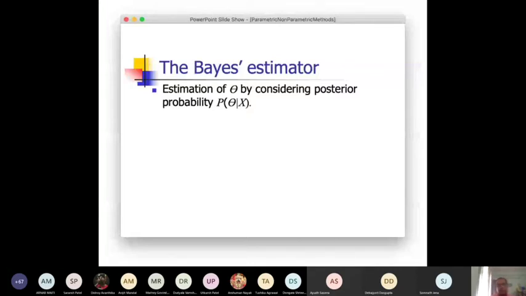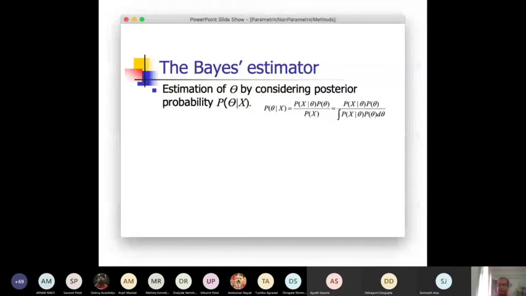What is the probability of a certain set of parameter values? This computation involves, of course, a bit more. Additional computations are there.